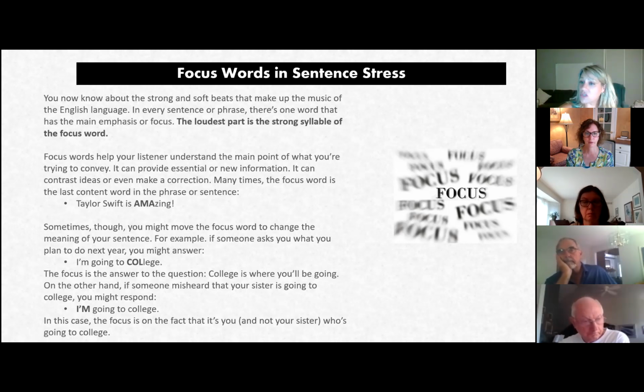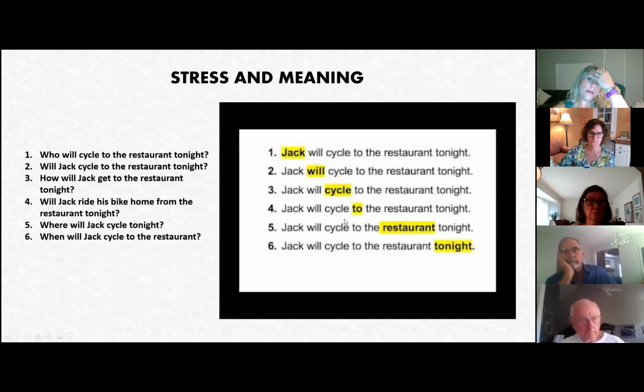They are the loudest words in each sentence, and they convey the meaning based on this pitch that we are giving to our listener. What's important about that is the meaning is conveyed based on how high you say these. So based on what is stressed, that's what you're going to be conveying.